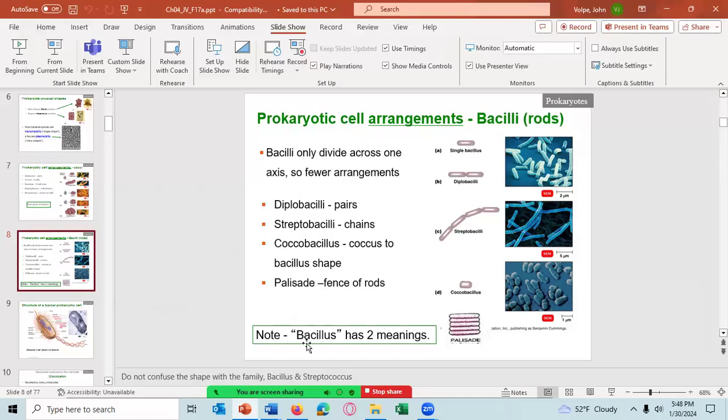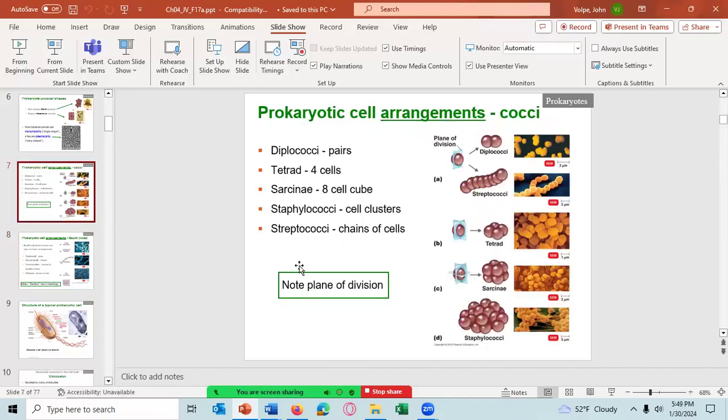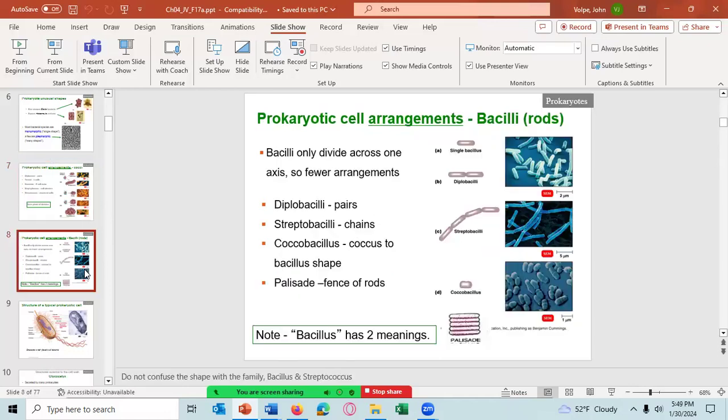But a Bacillus with a capital B is a family of bacteria called Bacillus. And also don't get confused with the word streptococcus, which is a family of bacteria, and streptococci, which is the growth arrangement of cocci. Okay, any question about any of that?